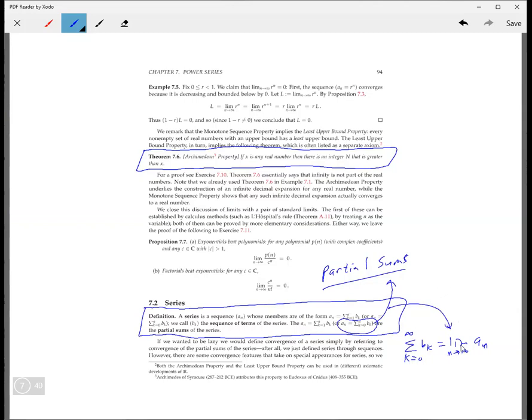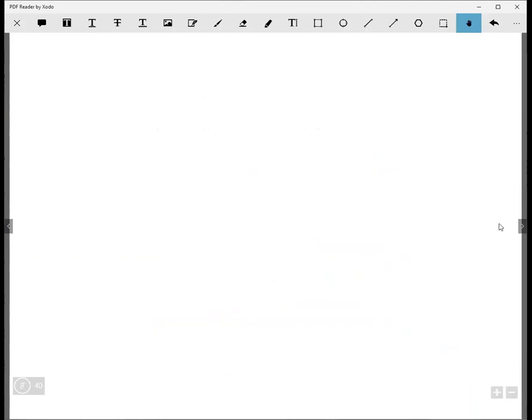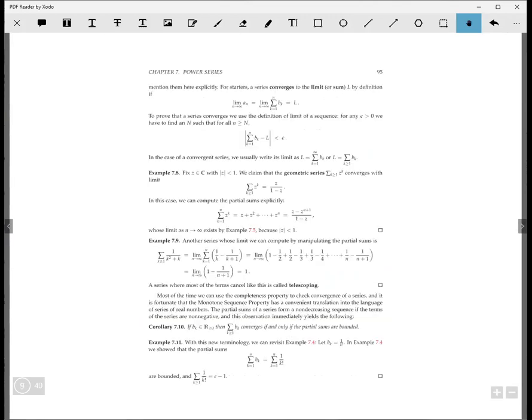So the series is the limit of partial sums, and this is what was taught in calculus, but some people might forget it. I found that a lot of people forget that. Maybe it's because it's really painful or something. Okay. If your terms are real, then the series converges if and only if the partial sums are bounded.